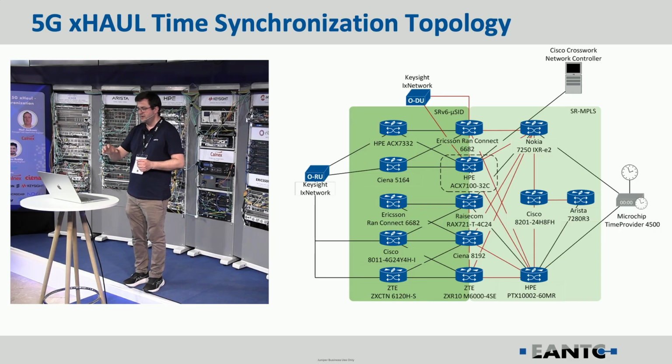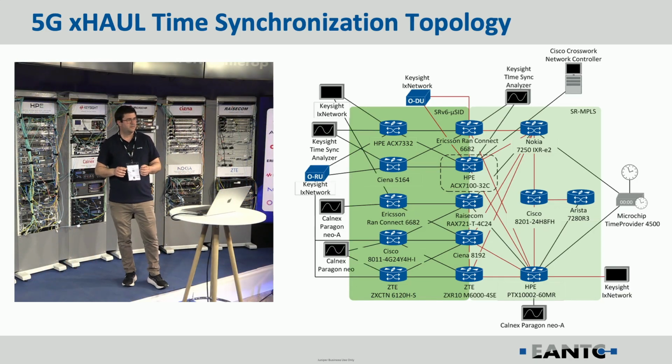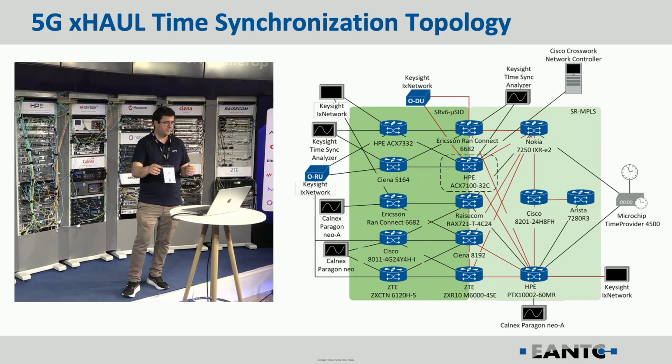We have a number of boundary clocks here. We have the grandmaster here, and we have simulation as well. So we simulate the RU and DU traffic. We have background traffic from the right and to the left, which we are sending through the network.